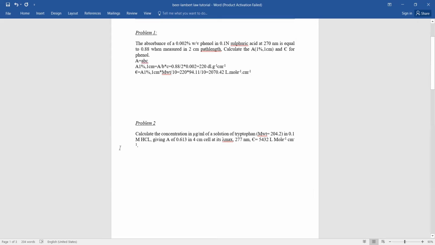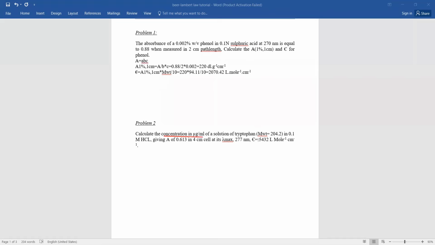Okay. Calculate the concentration in microgram per milli of a solution of tryptophan. Okay, so what is the requirement? The requirement is to get the concentration in microgram per milli.